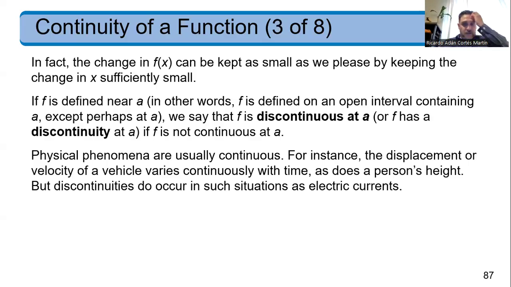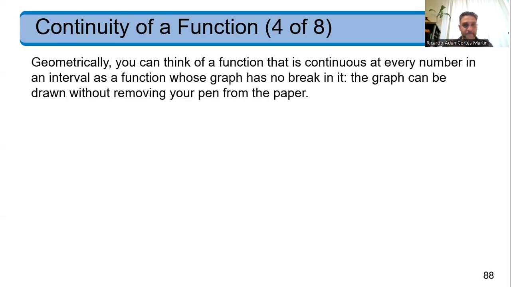But for example, there are discontinuities, for example, in electric current. An electric current can be applied and then it suddenly goes down, no? In a not continuous way.